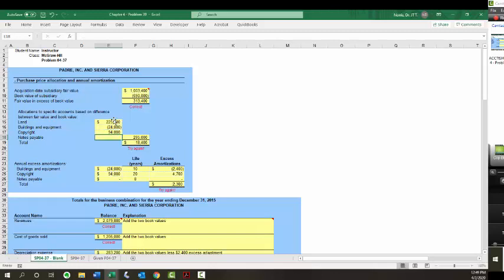And then lastly, we had a note payable with a fair value of $157,600 and a book value of $176. Actually, flip that around because the fair value is lower than the book value.